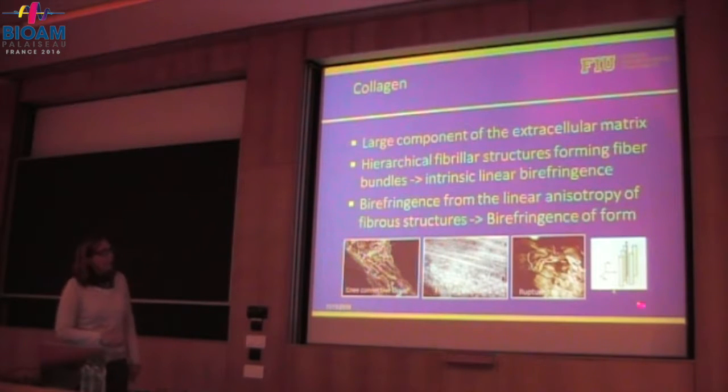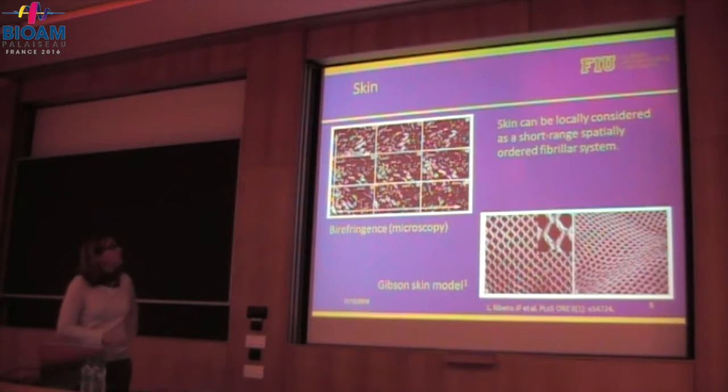One typical way to illustrate this is a number of cylinders packed together with extraordinary and ordinary index of refraction. So even normal skin, to some extent, has this type of local anisotropy.